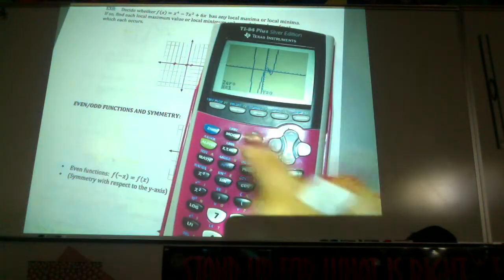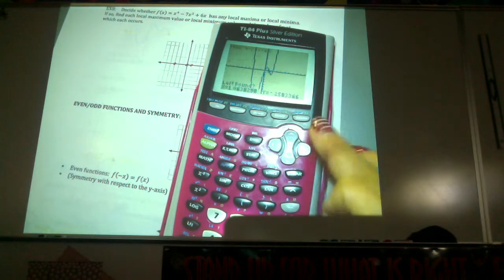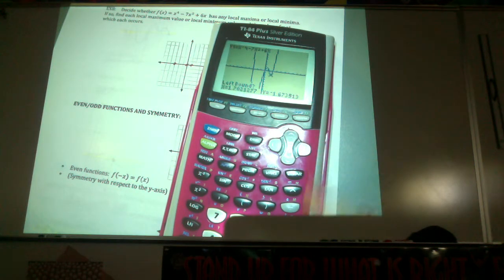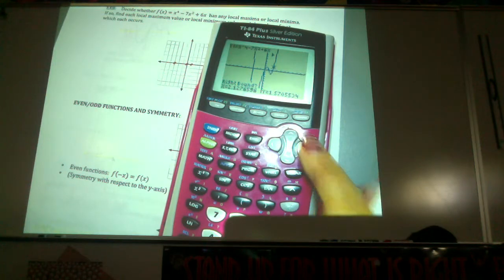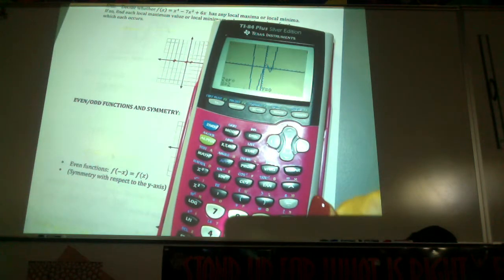So we get 1, 0. And our last zero, enter, enter, yes, 2, 0. So those are all the places that it crosses the x-axis.